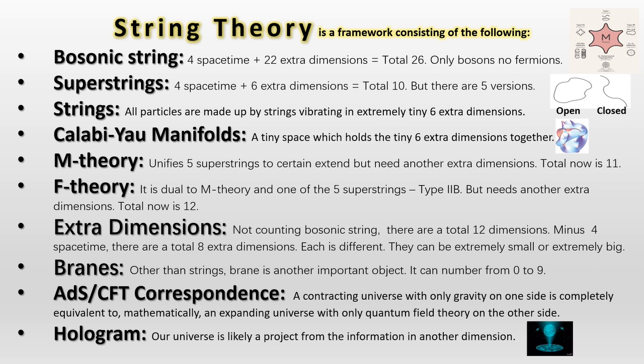But it has many problems. First, it requires many dimensions. There are a total of 26 dimensions. After taking away 4 space-time, there are 22 extra dimensions. These 22 extra dimensions are nowhere to be found. Second, it can only explain bosons, which are only carriers of forces.